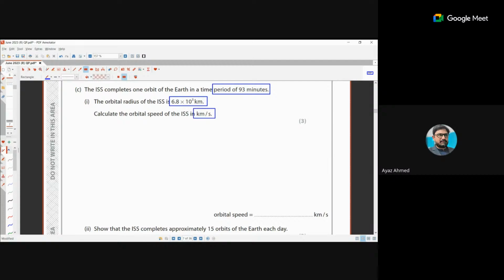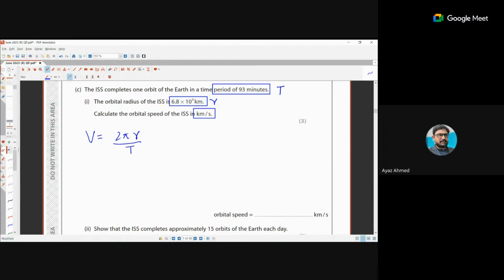Okay, so here we go. As I told you, this is the orbital time period and this is basically the orbital radius. The formula I told you in the formula sheet is orbital speed equals 2 pi r upon t.